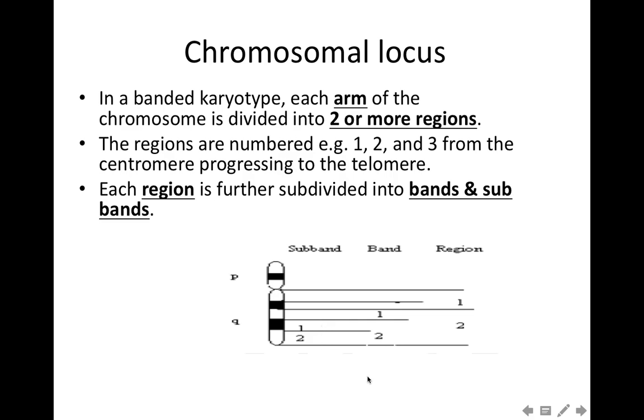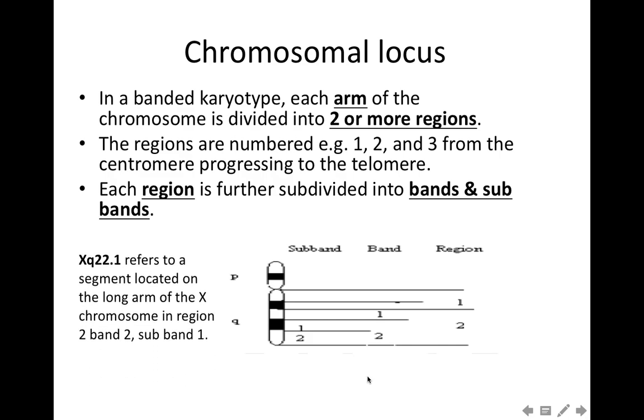So if we want to determine the locus of XQ22.1, this means that this locus is present on the long arm of the X chromosome in region 2, in band 2, and in subband 1, so this locus is present here.